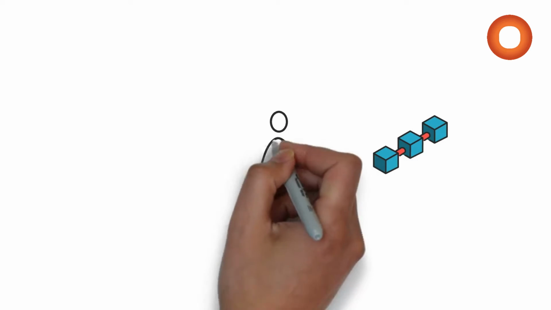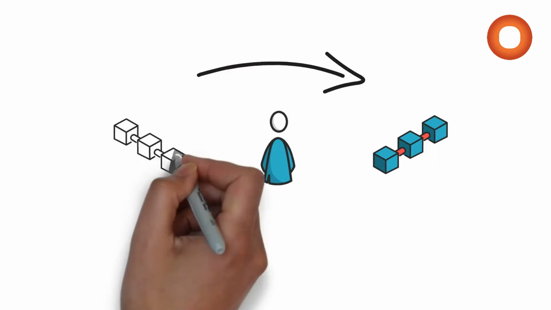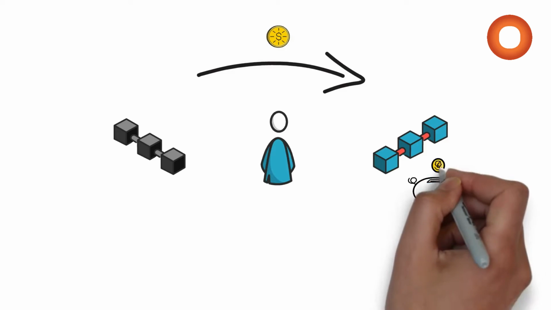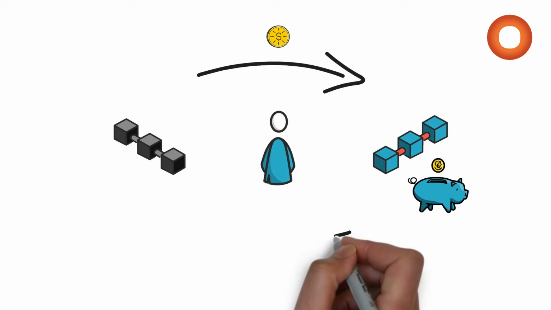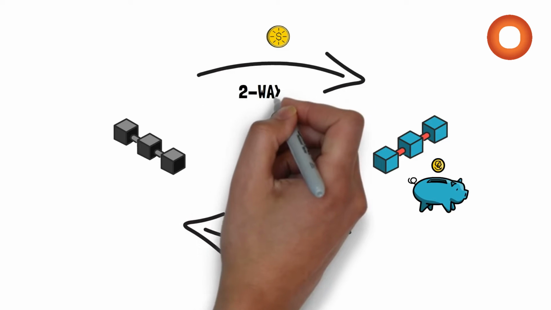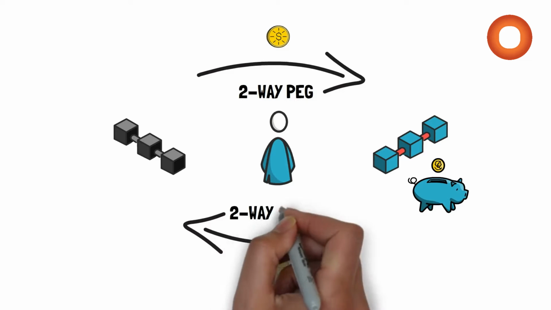Sidechains allow users to send their tokens from the main chain and receive them on the sidechain. Once the funds are transferred to the sidechain, they can be used within the sidechain ecosystem. Similarly, users can withdraw their tokens from a sidechain back to the main chain. The whole process is called a two-way peg or a two-way bridge.